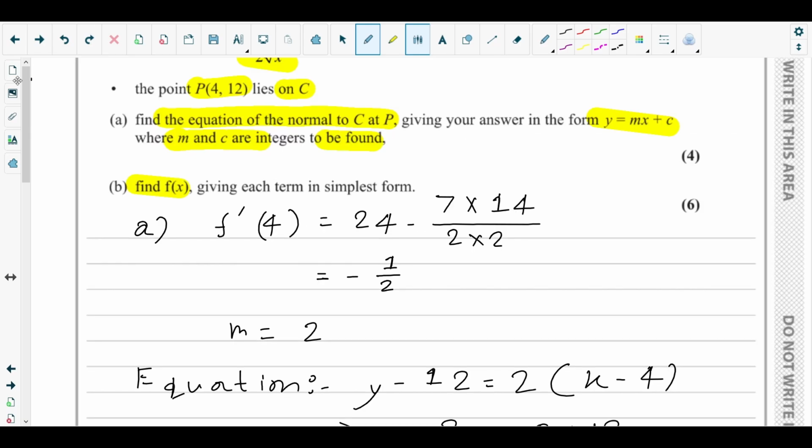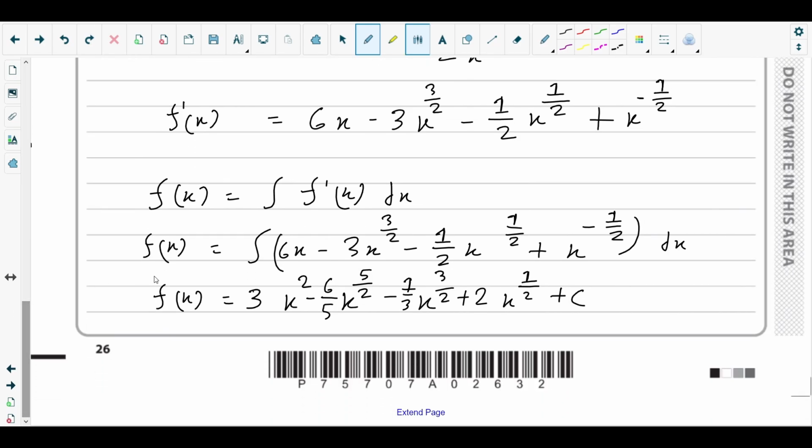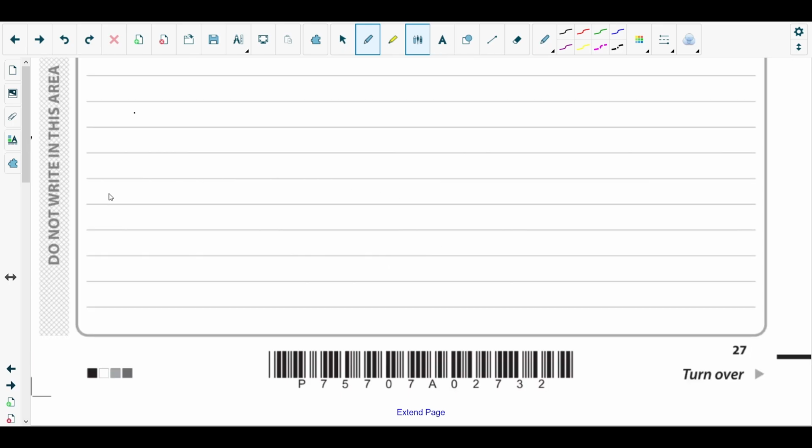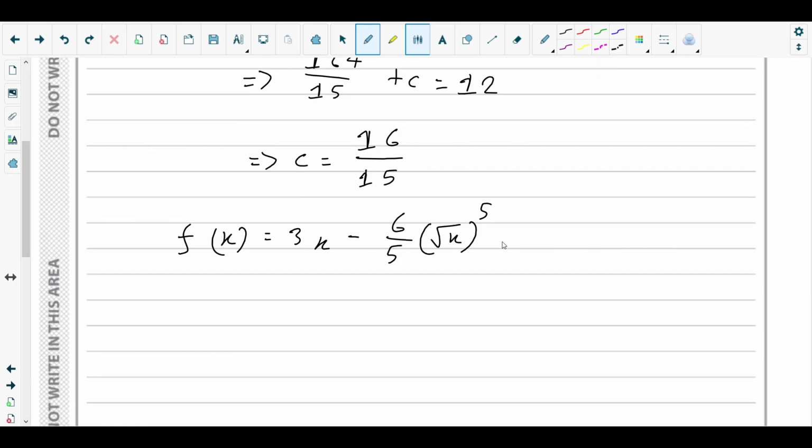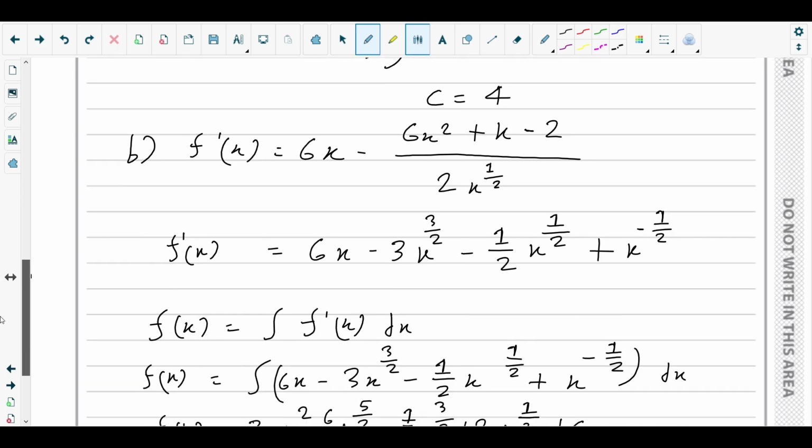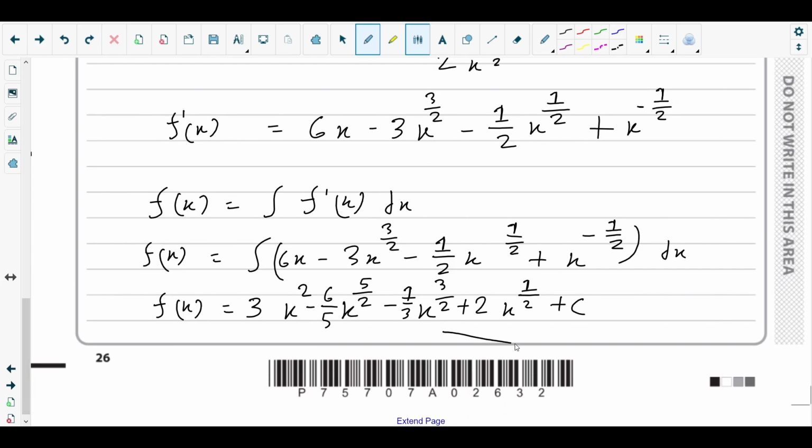And then negative 1/3 of x to the power 3 over 2, this is negative 1/3 of square root of x cubed, since it is power 3 over 2. Then plus 2 square root of x plus 16 over 15. Is it plus 2 square root of x? It's plus 2 square root of x. That's fine, that's perfect.